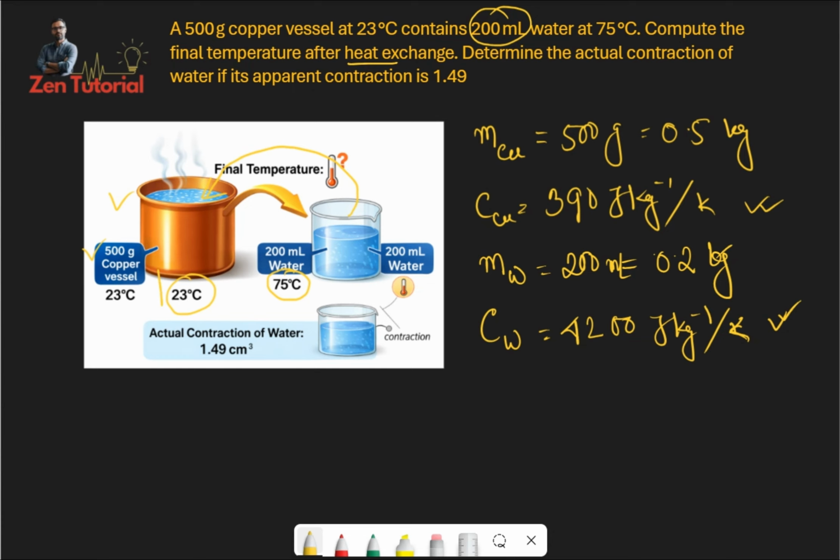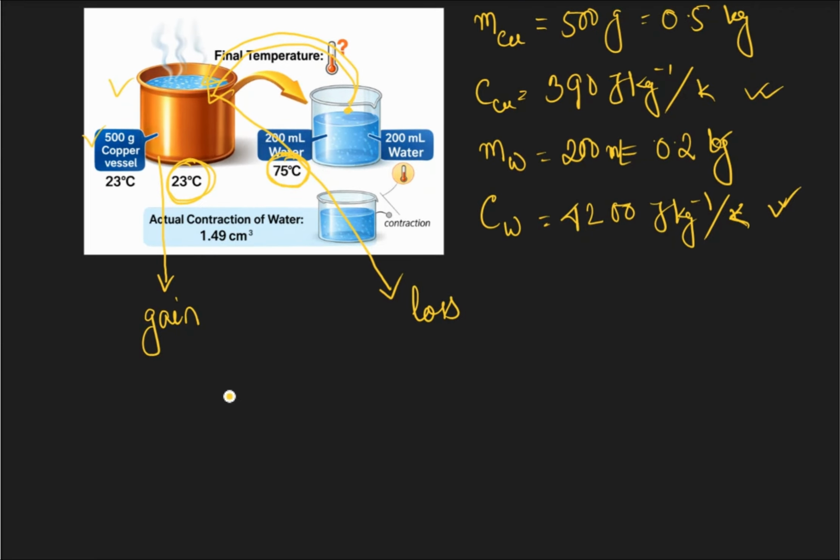The copper vessel will be heat gain, and because this is actually 23 degrees Celsius and water is 75 degrees Celsius, indeed this water, when we mix this water into the copper vessel, this water actually heat will be loss, right? So what is the heat gain by the copper vessel when water is added?